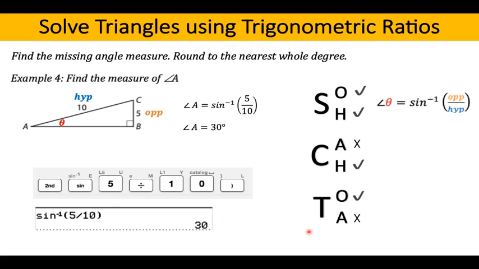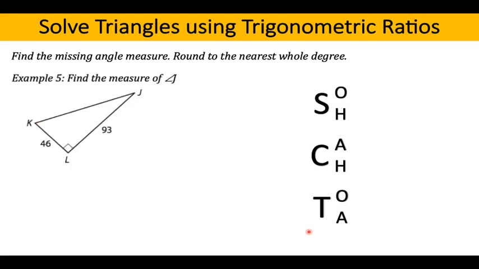Let's look at example number 5. We're going to find the measure of angle J. So again, label your triangle. J is our theta angle. We have the opposite and the adjacent side. So looking at our trig ratios, sine, cosine, or tangent, the one that uses opposite and adjacent would be tangent.